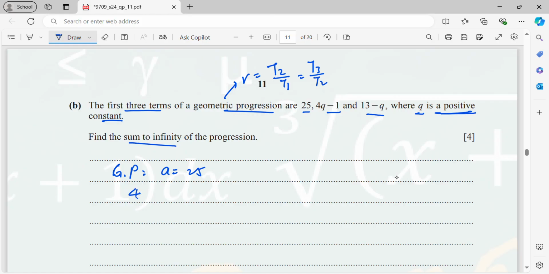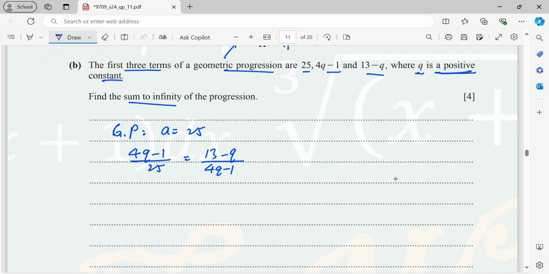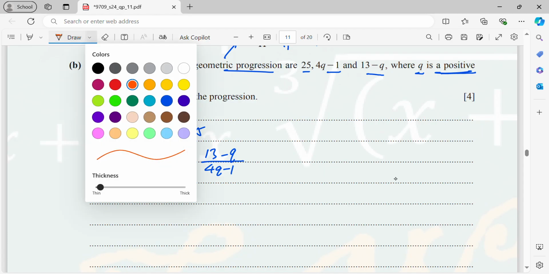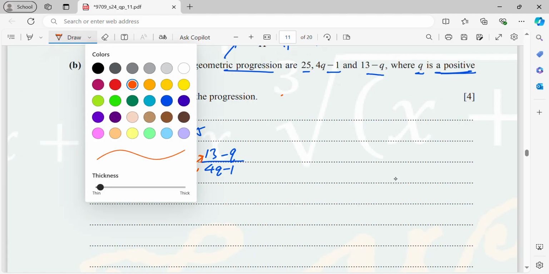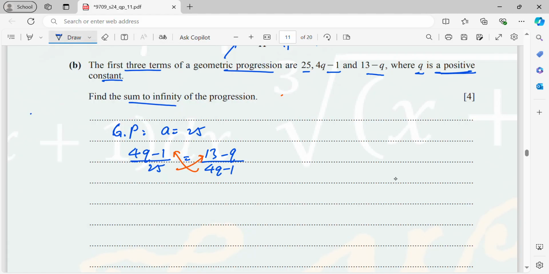That means now I will use 4q minus 1 divided by 25 equals to 13 minus q divided by 4q minus 1. Then from here, to solve the q, just use cross multiplication. Then you will be getting 4q minus 1 times 4q minus 1, means squared, equals to 25 times 13 minus q.